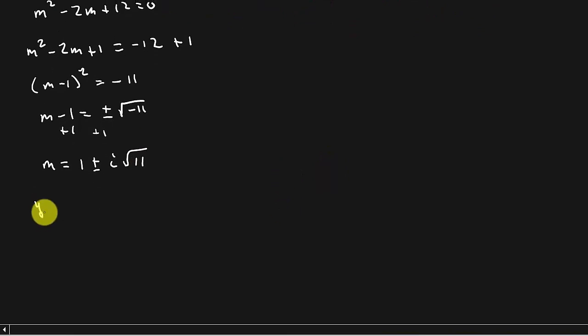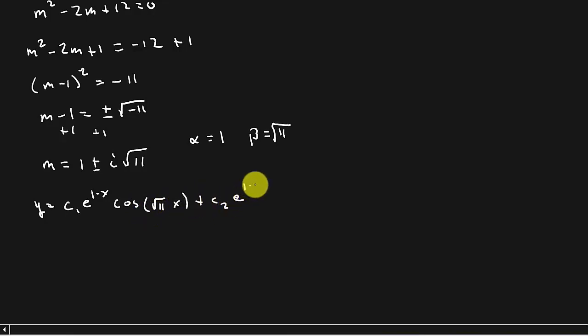So we get y equals C1 e to the 1 times x. See here, alpha is equal to 1, beta is equal to, I'm sorry, square root of 11. And then that's going to be cosine square root of 11x plus C2 e to the 1 times x sine square root of 11x.